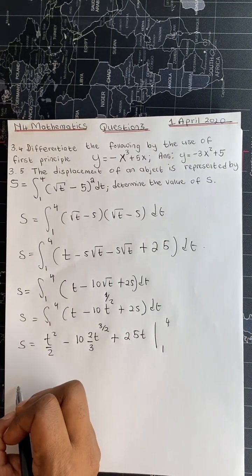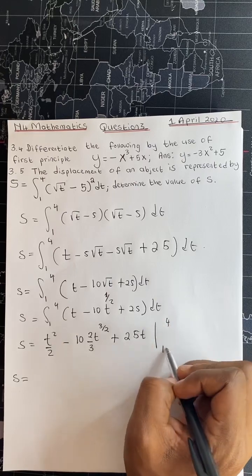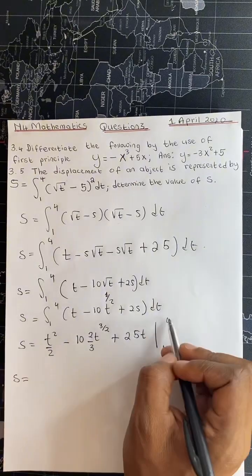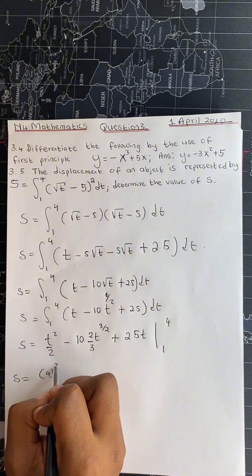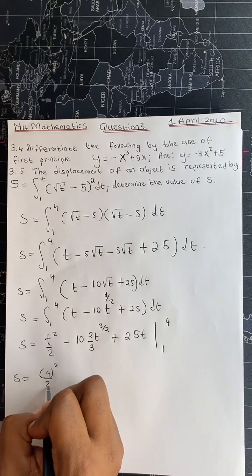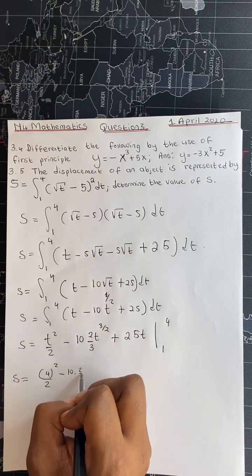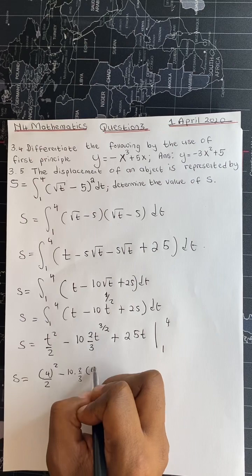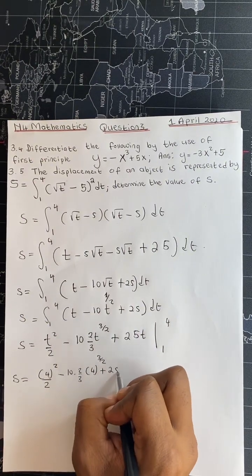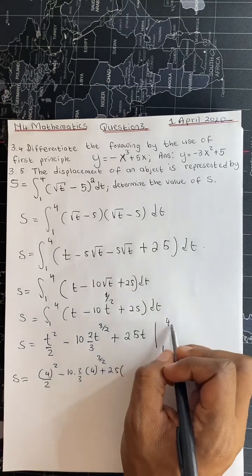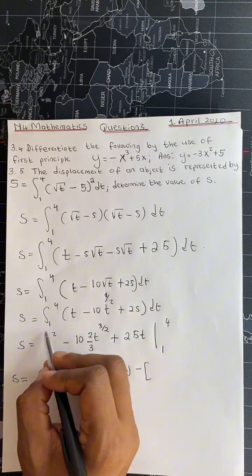From here, let's substitute our boundaries. Where there is t, we first start with the 4, the bigger number. So we'll have 4 squared over 2 minus 10 multiplied by 2 over 3 into 4 raised to the power 3 over 2 plus 25 multiplied by 4, minus, where there is t now we substitute the 1.